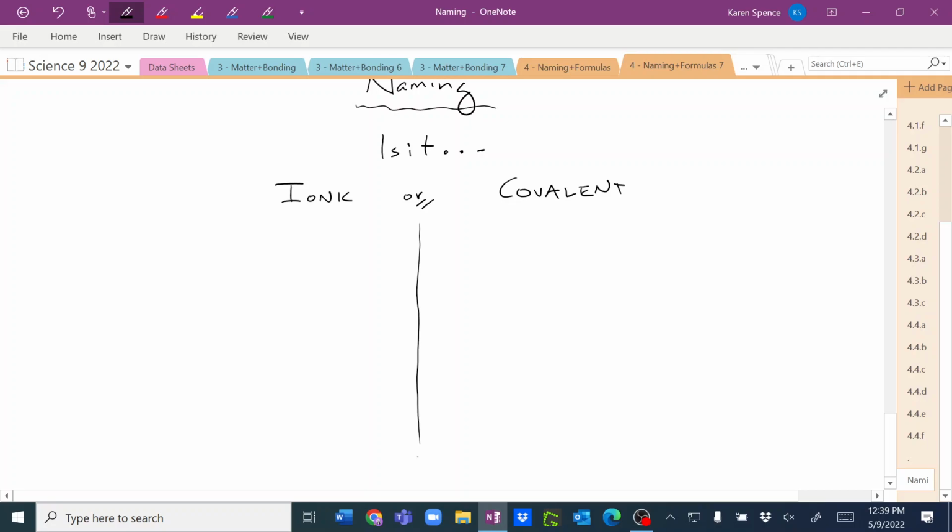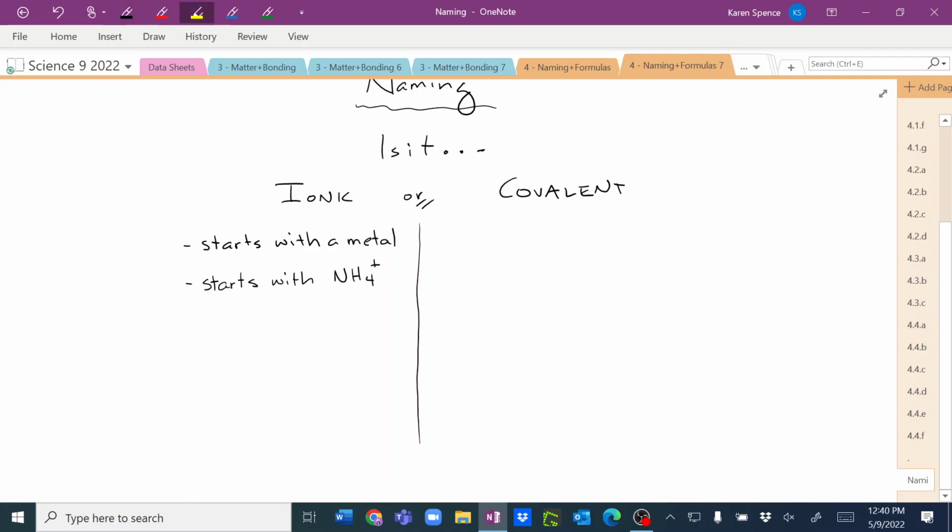If it starts with a metal, there is something else it could also start with: NH4, ammonium. So if it starts with a metal, or if it starts with NH4, then you know you have an ionic compound.